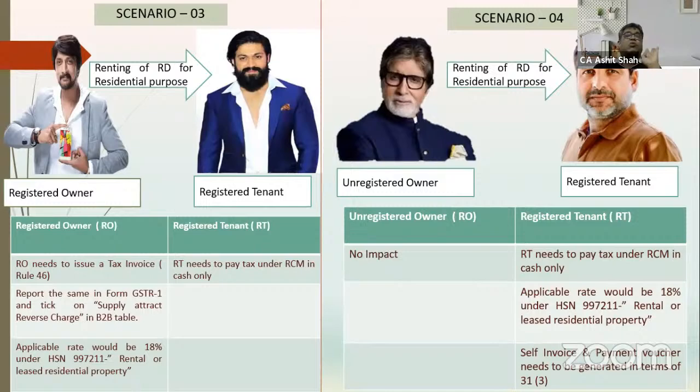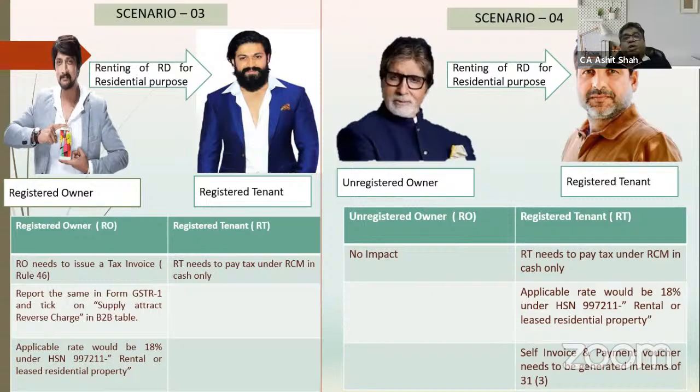But in this case, now what will happen? The registered owner needs to issue a tax invoice under Rule 46. He has to report the same in form GSTR-1 and tick the supply attracting reverse charge in B2B taxable. Here he has to tick in GSTR-1 who will pay the tax on this: the registered tenant.